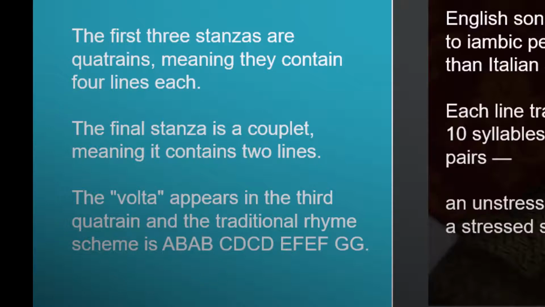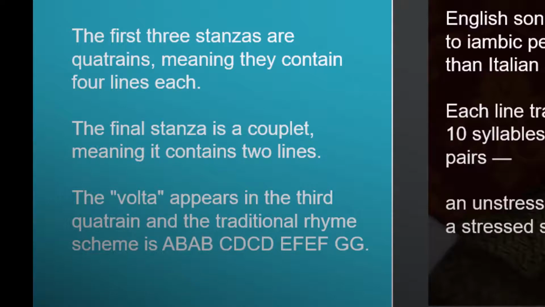The volta appears in the 3rd quatrain, and the traditional rhyme scheme is A, B, A, B, C, D, C, D, E, F, E, F, G, G. So the G, G there obviously indicates that we are having a couplet.